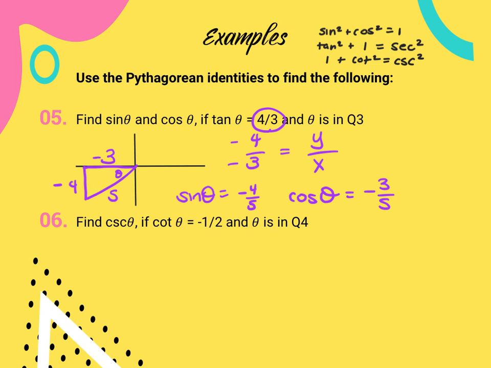Okay, next one says find cosecant if cotangent is negative 1/2 and theta is in the fourth quadrant. So now I'm in the fourth quadrant, which means I move to the right and down. My x has to be positive, but my y has to be negative.